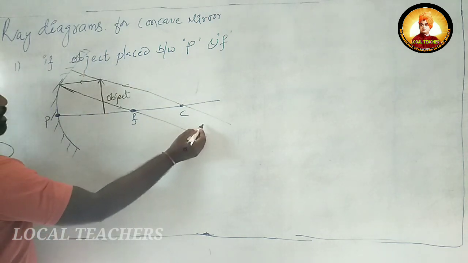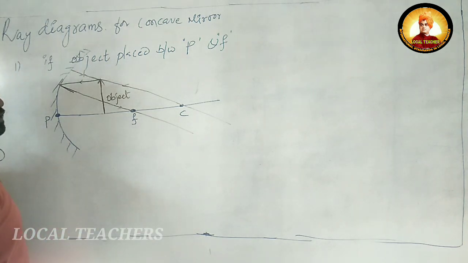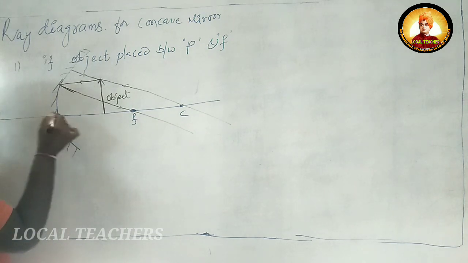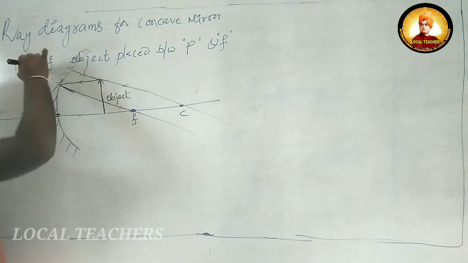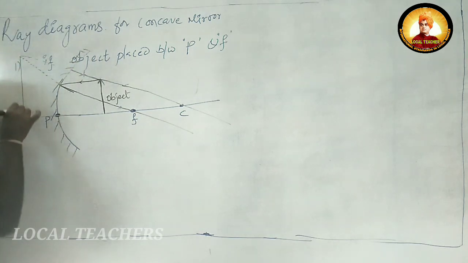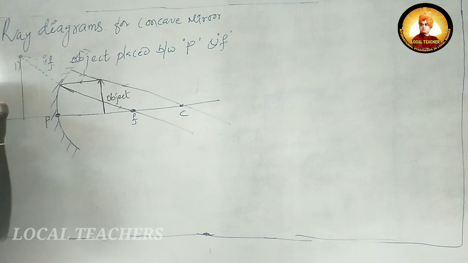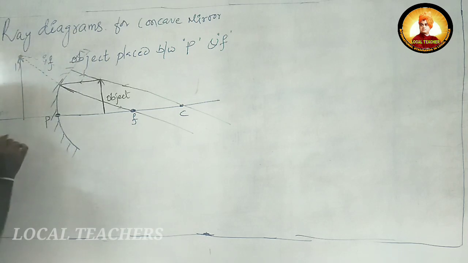Observe here, in this way there is no possibility of the 2 lines meeting. If we observe the back of the mirror, there is a possibility of these 2 rays meeting at a point. If the reflected rays meet at a common point, it gives the formation of the image.